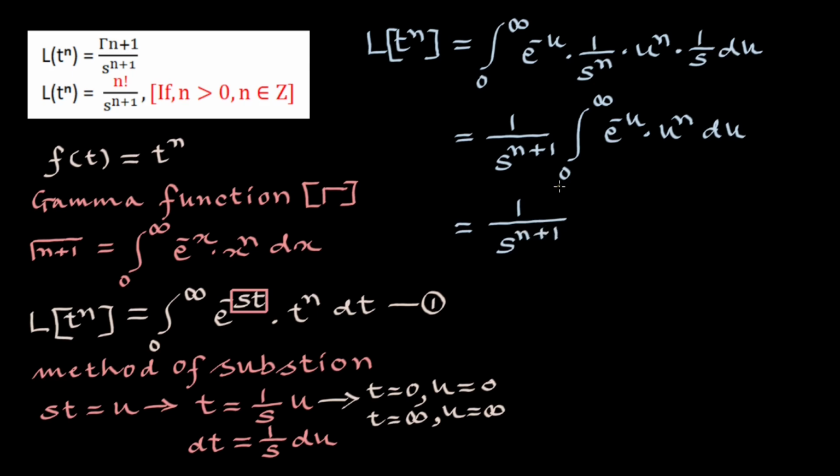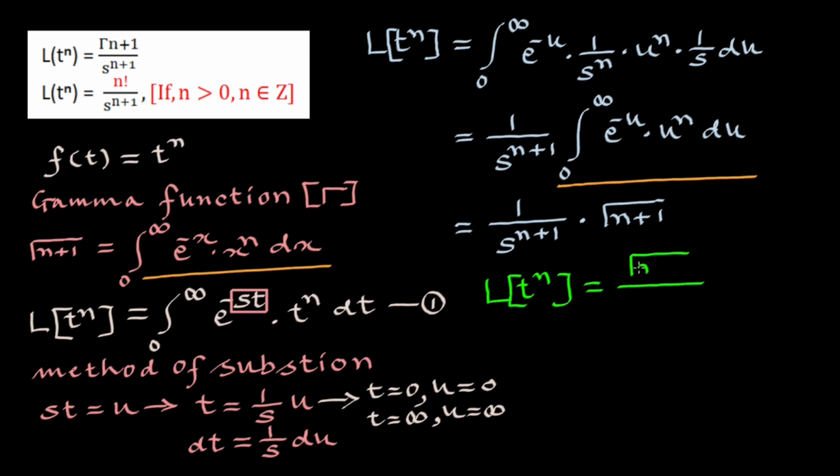We compare this definite integral with the gamma function integral, which gives us gamma of n plus 1. So we get Laplace transform of t raised to n equals gamma of n plus 1 upon s raised to n plus 1. This becomes n factorial upon s raised to n plus 1 if n is a positive integer.